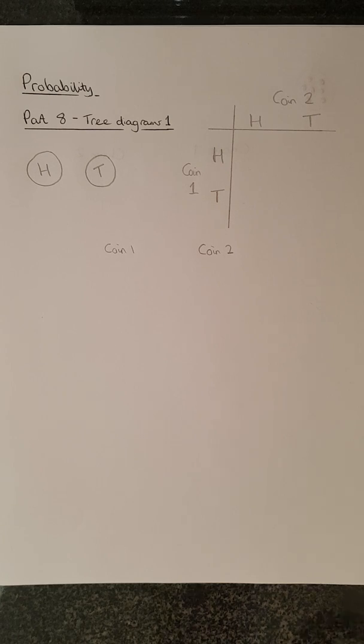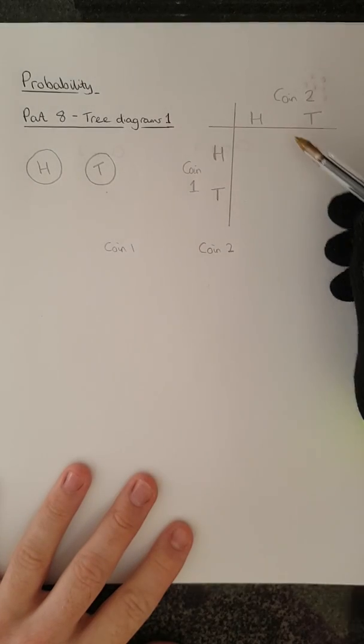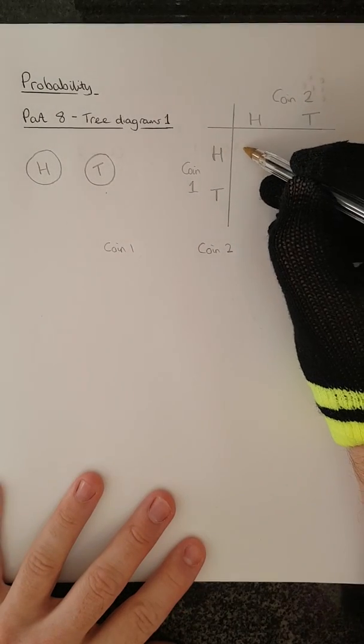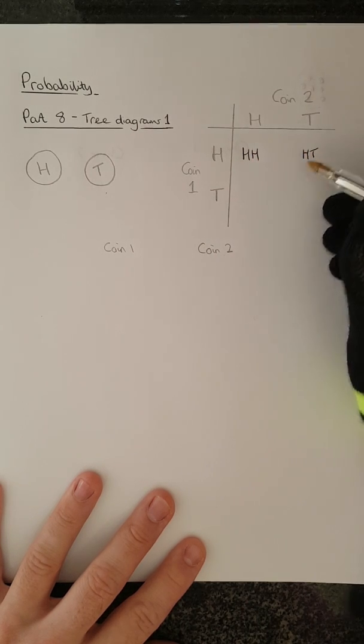Consider the situation at the top there. This is two coins that have been tossed. Here they are, two separate coins. And here is a possibility space diagram for the outcomes.